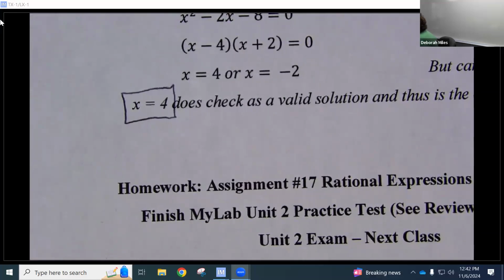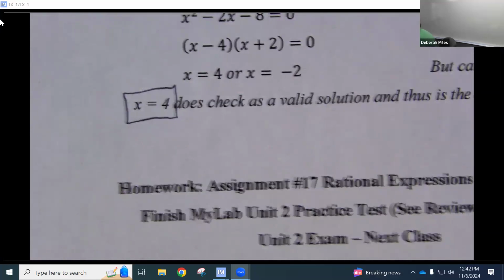Now, I want y'all to do better on test 3 than you have done on a college algebra test all semester. Here's what's going to help you do that, and I have 7 more minutes to talk, so hang with me.